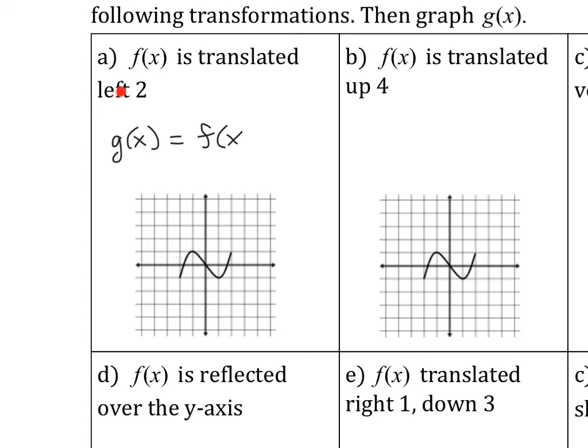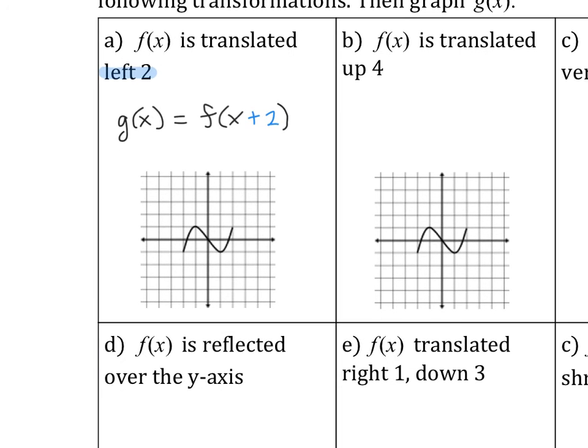And remember, if we want to translate, we add or subtract, and here we have to be careful. It moves in the opposite direction. So if I want to go left 2, we're actually going to add 2 to x. That's the one that moves in the opposite direction. So by adding 2 to x, we have just shifted our entire graph to the left 2.